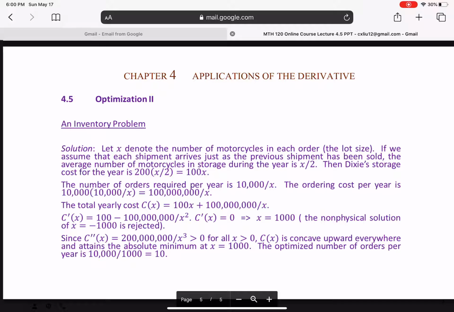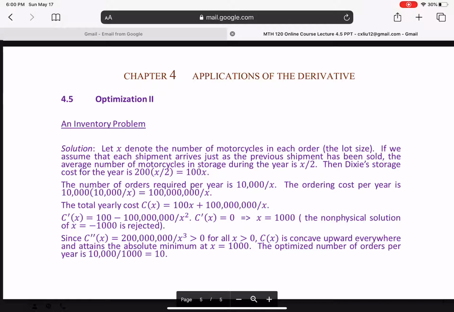So we just take the average, and we get x over 2, where x is the number of motorcycles in each order. So that's the largest number of motorcycles in storage. Then Dixie's storage cost for the year is just 200 times x over 2, which is 100x.